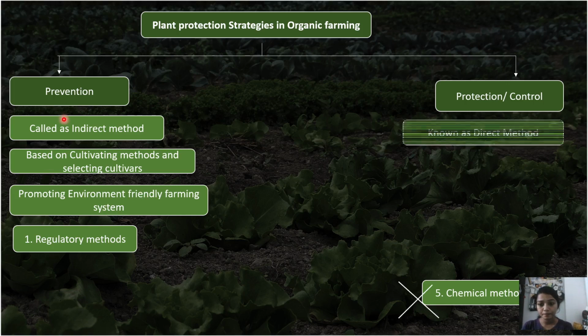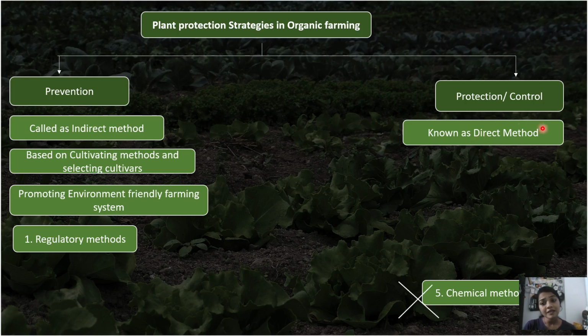Now what is protection and control? This protection or control is known as a direct method. Why? Because now the pathogen is already in your field, the pathogen has attacked your plant, and if you do not take care of your plant, the plant will ultimately die, right?